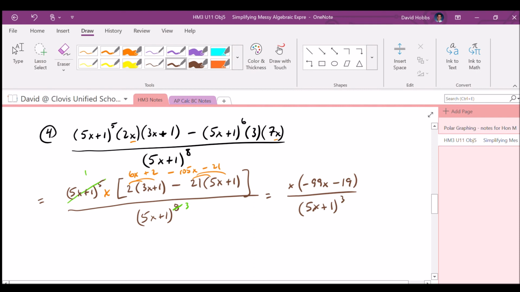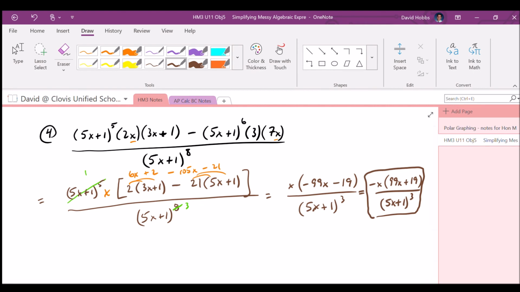Okay, now that I've got it like this, I notice that there's a negative in both spots there in the numerator, and so really we should pull out that GCF of negative. So negative x times (99x plus 19) all over (5x plus 1) quantity to the 3rd. You need to pull out that negative because we get fewer negatives that way. That really is the most cleaned up version of it all.